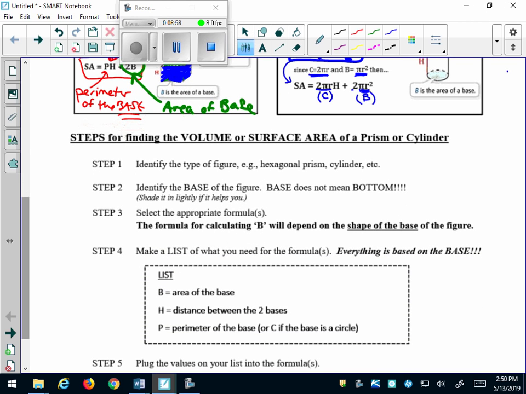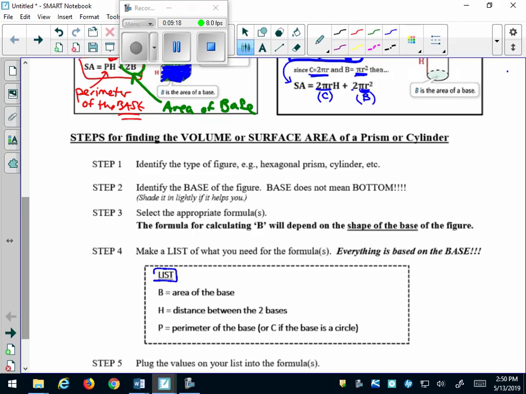Okay, so steps for finding the volume or surface area of a prism or cylinder. I think that it is going to be best if we actually do one of these together first, and then we'll come back and look at this list and see how these steps could be helpful to you.